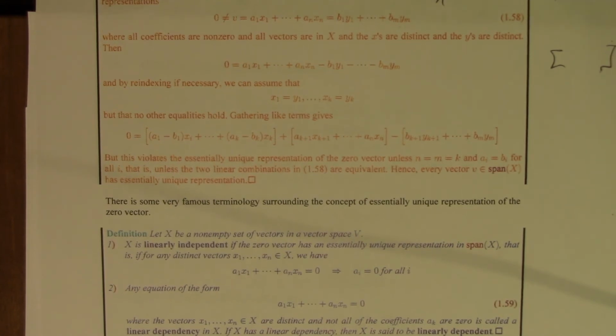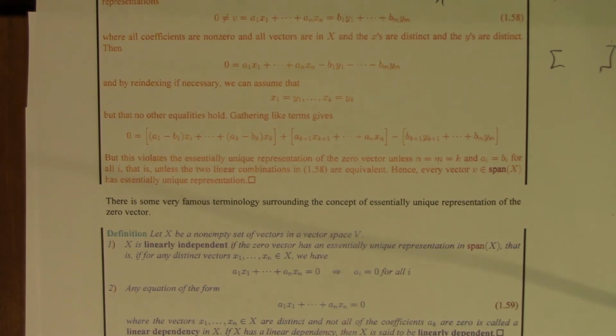Now there's some very famous terminology surrounding the concept of essentially unique representation of the zero vector, which, as we just got through showing, is all you need to prove that a set is a minimal spanning set and uniquely represents all vectors in its span.